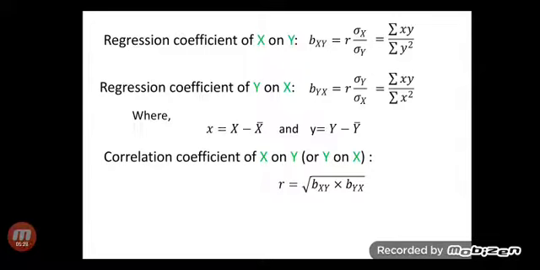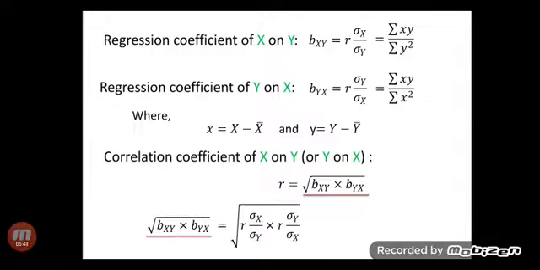Now whether it is correct or not we will see. Take the right hand side, that is the square root of bxy into byx. We put the value of bxy as r into sigma x by sigma y, multiplied by the value of byx, r into sigma y by sigma x.